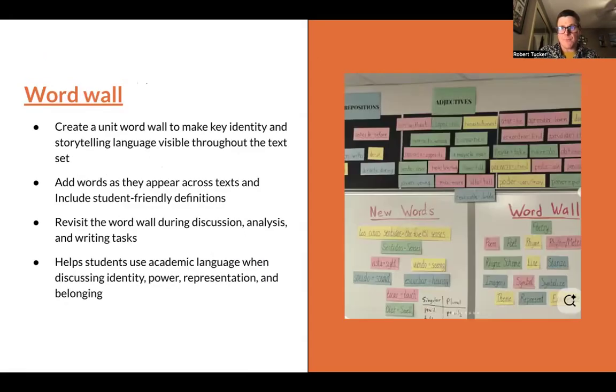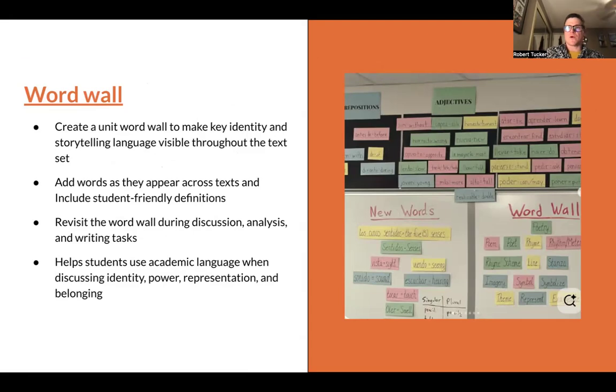Now, I'd like to pair that with a word wall because a word wall gives students repeated exposure to complex words that they may not get otherwise just by doing the Marzano process. You really have to interact with these words many times before they're truly understood and internalized.